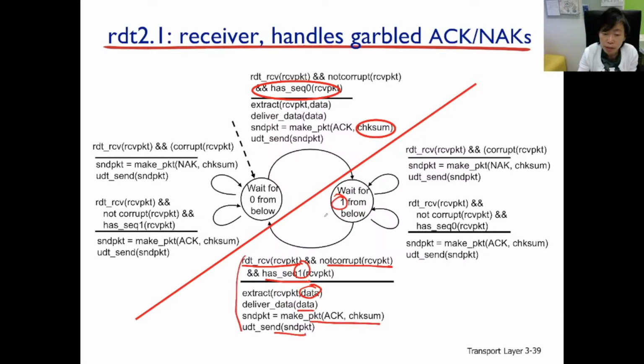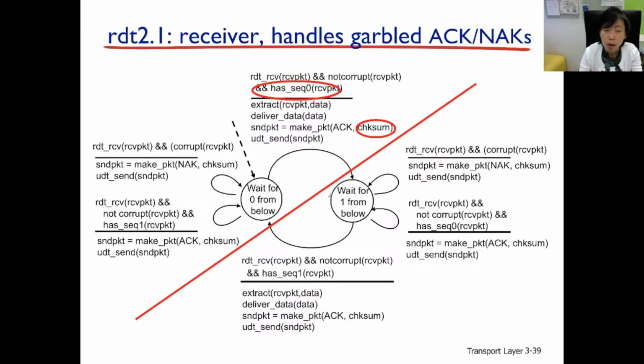Upon finishing all these actions, we take the transition, receiver here goes back to wait for 0 from below. If another packet comes in, not corrupted, carrying sequence number 0, again happy, take the transition, wait for 1 from below. And this will go on and on, when there's no data corruption and no ACK-NACK corruption.